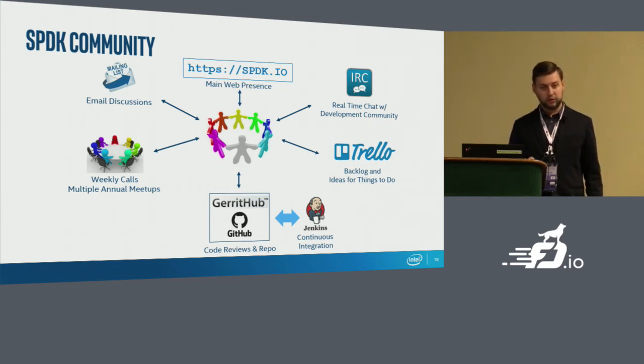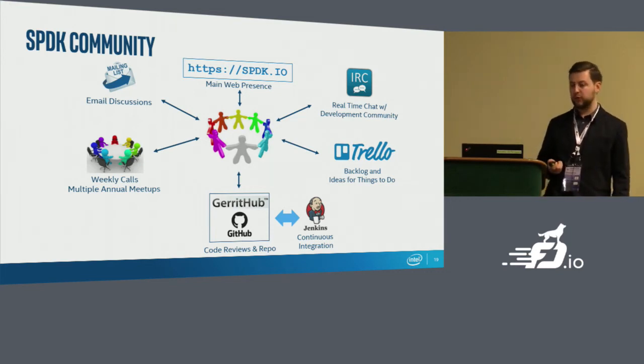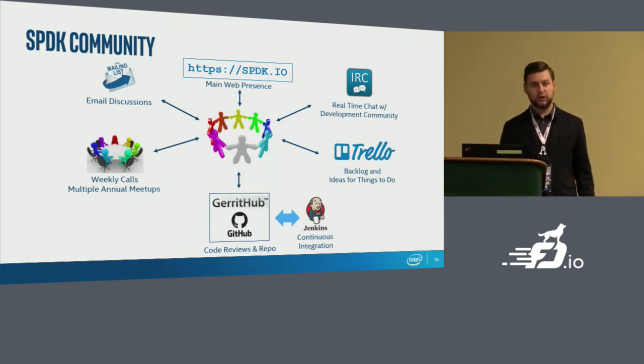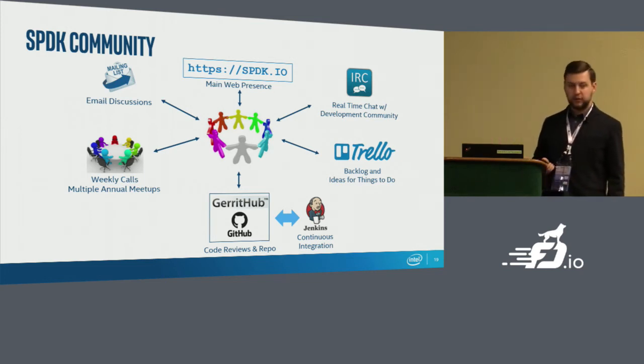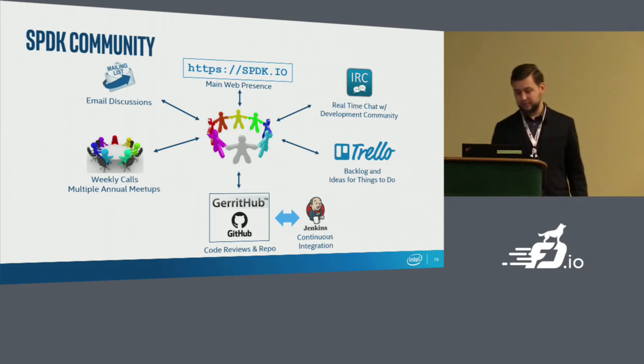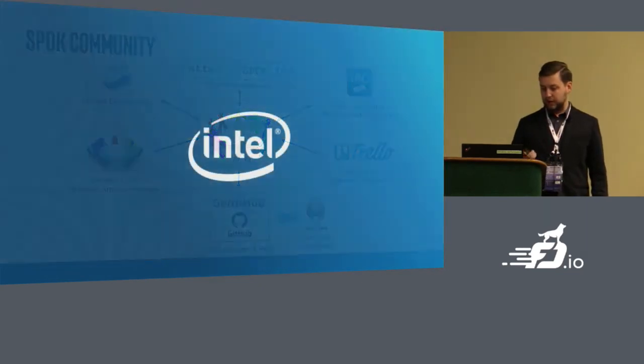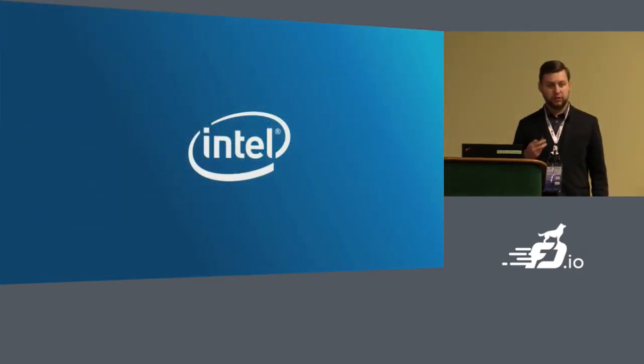We hold weekly calls and multiple meetings throughout the year, both developer meetups as well as summits in US and PRC. Of course, the first place to head to is SPDK.io. And that would be it for the VPP and SPDK integration between the two projects.